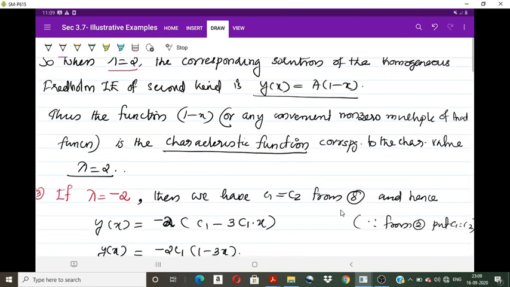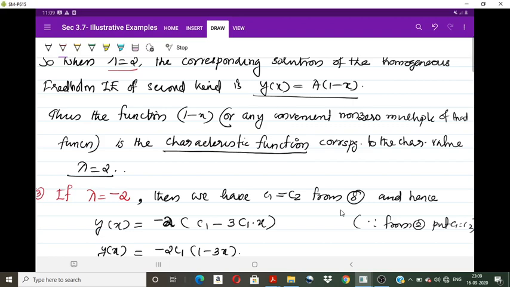Similarly, we can find the solution when lambda equals minus 2, or the characteristic function for the characteristic value lambda equal to minus 2. When lambda equals minus 2, we obtain from equation 8 that C1 equals C2.